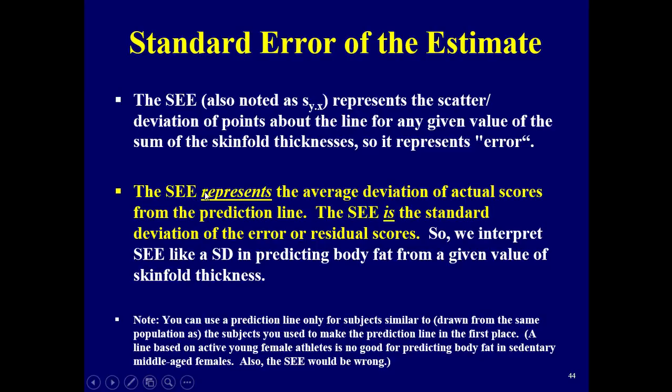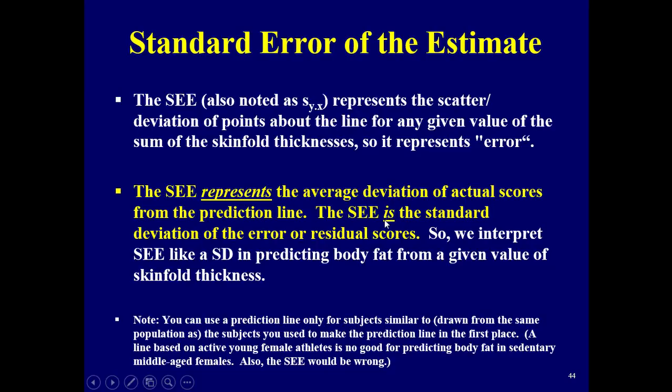So if there was something that I had to memorize on this unit, because I will ask this again, and it should sound a lot like what we've covered previously in the course, I could ask on the exam, what does the standard error of the estimate actually represent? Well, the standard error of the estimate represents the average deviation of the real scores from the prediction line. It represents the average deviation, okay?